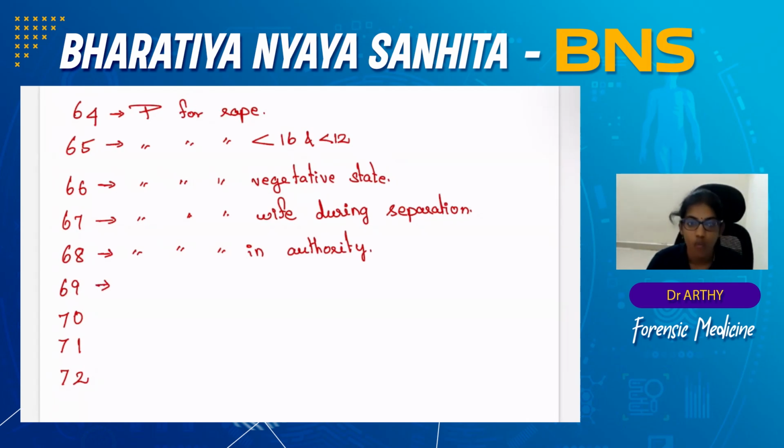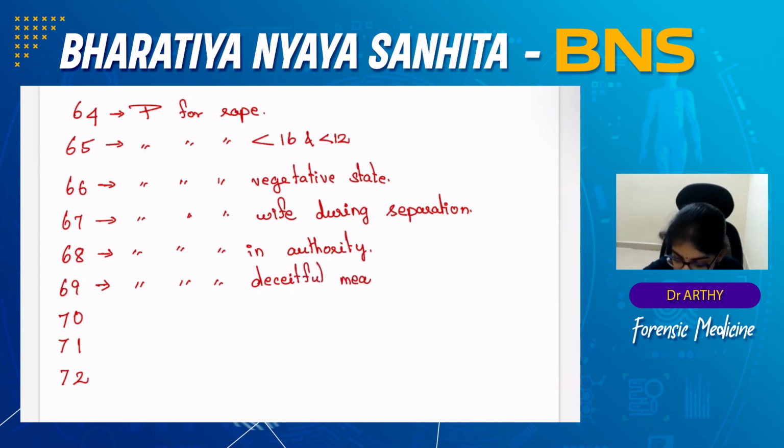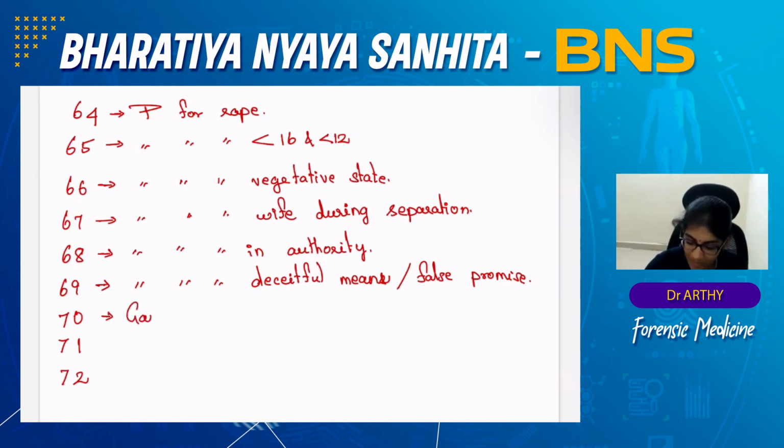After that, what did they talk about? Like they are living a false life, right? So rape of a female, or sexual intercourse with a female, under the false promise of marriage, by deceitful means. False promise. Now 70 talks about gang rape.